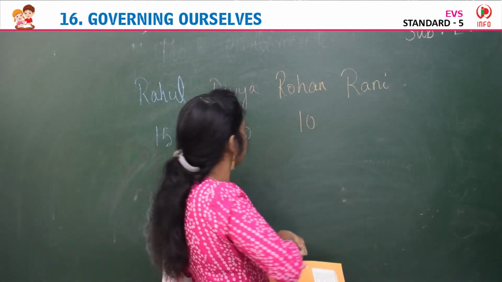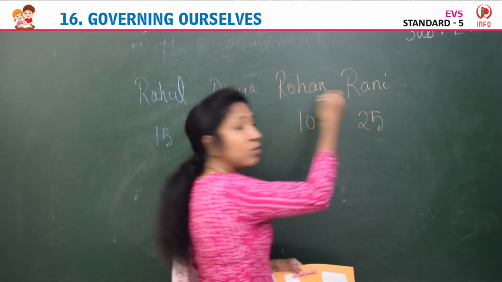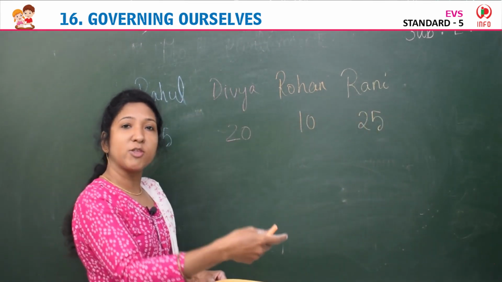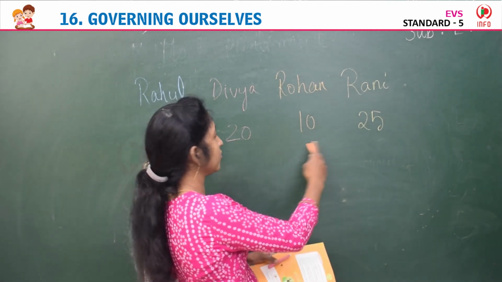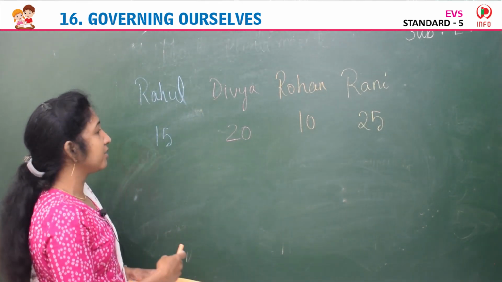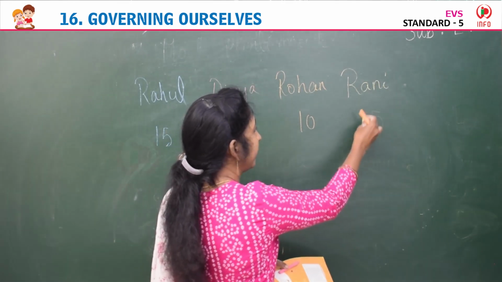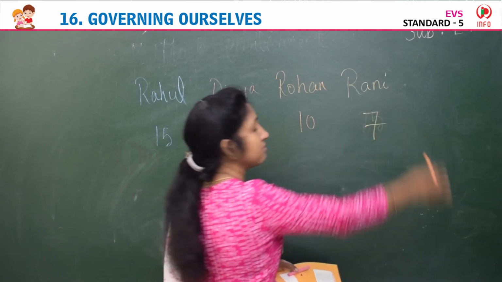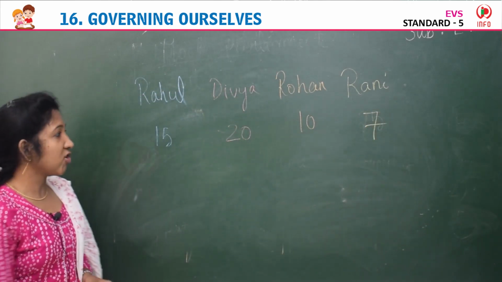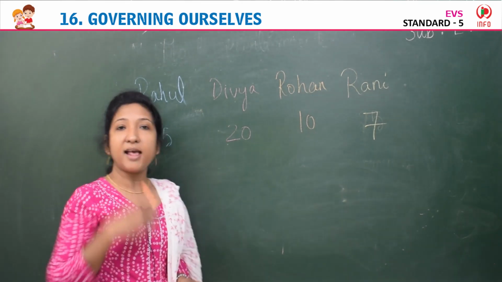Rani got 7 votes. So who won the election? Who got the majority vote? Divya won the election, right? So she got elected as the class monitor.